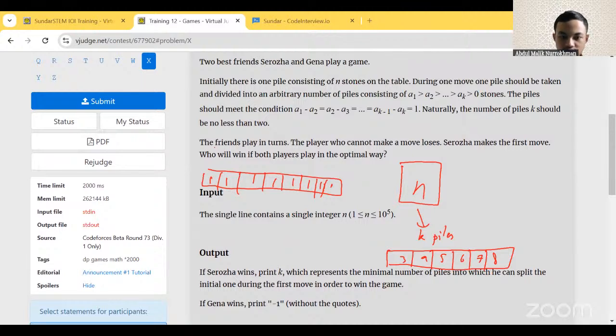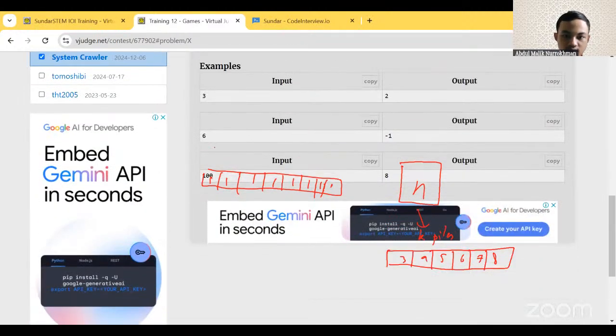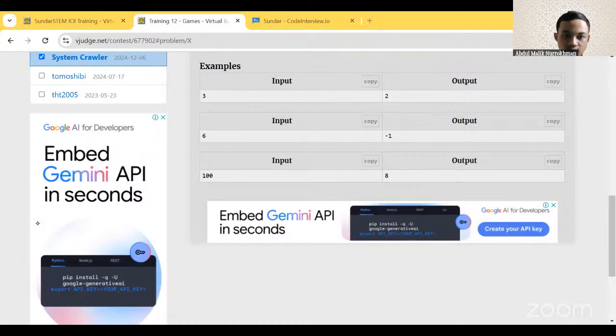So, for example, in the case where n is equal to 10, the first player can choose k equal to 8, or divide the pile into 8, in order to win the game.